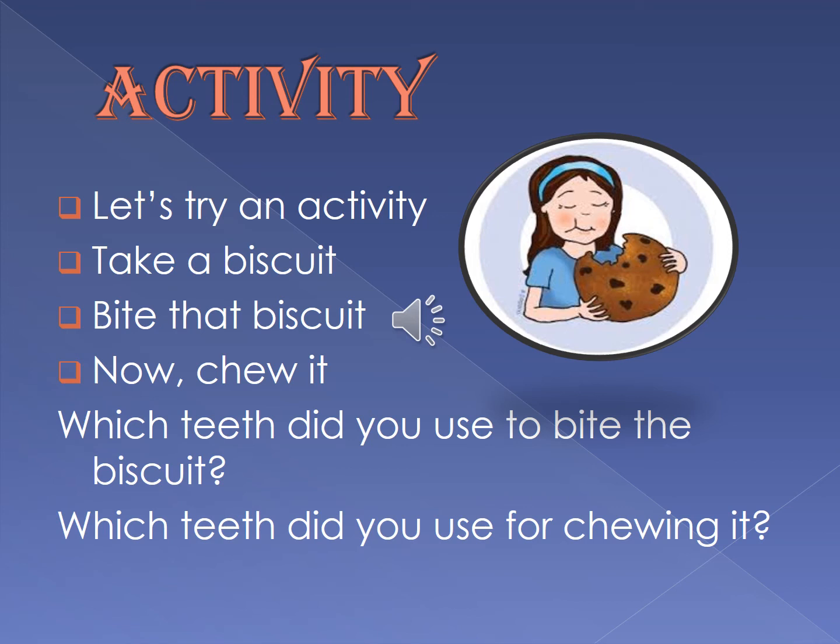Okay. Now have you noticed which teeth you used to bite the food? Exactly, these are incisors that helped you to bite the food. Okay, which teeth did you use to chew it? Very well done. These are molars that helped you to chew the food.